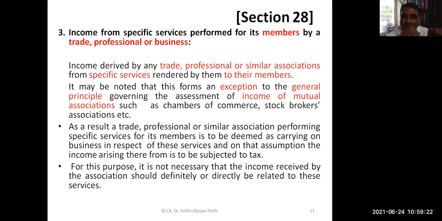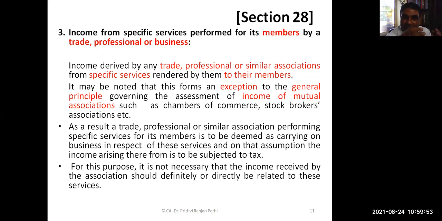Normally, when we learned the concept of income, there was a concept we learned that income of a mutual association will not be treated as income. Mutual associations, like let us say clubs, chambers of commerce, stockbroker associations, etc. If some activity is done mutually and there is some surplus, that will not be treated as income. But here we are not talking about any surplus.